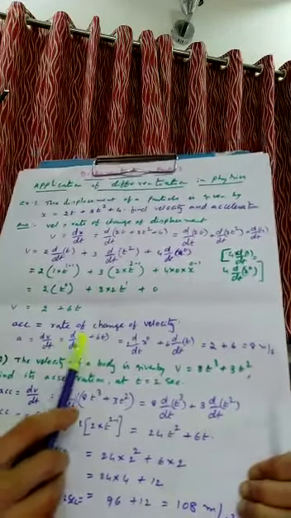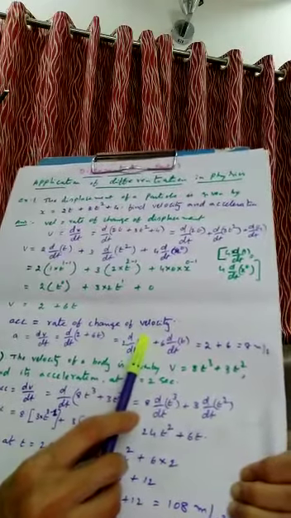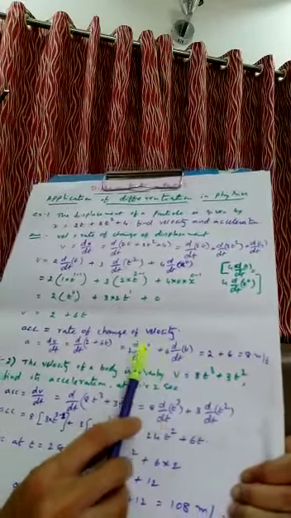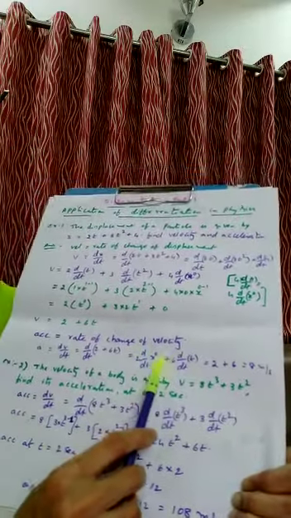What is the meaning of x raised to 0 here? Any constant term, t raised to 0 is 1, we know that.